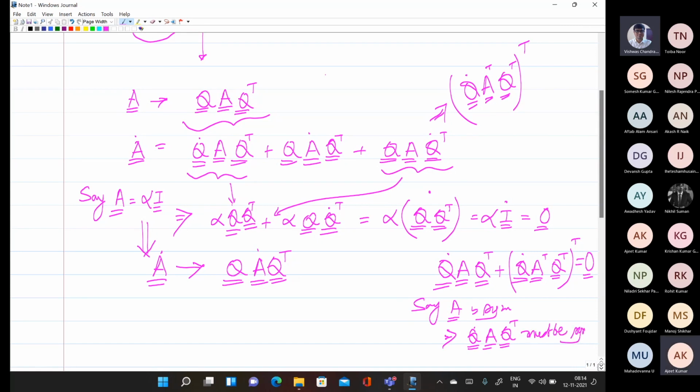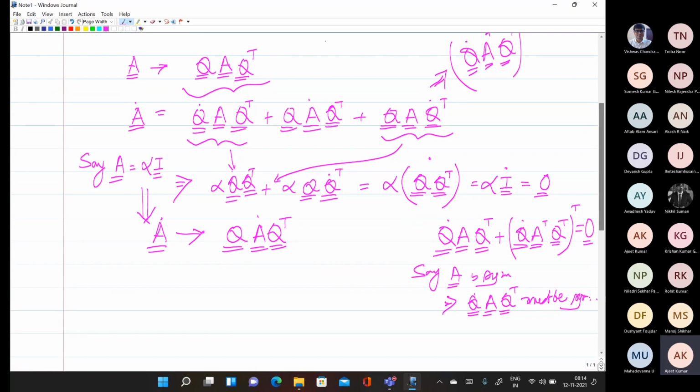Right, but I was just thinking, is there some more general A possible? So Q dot A Q transpose must be symmetric. What can we say then? And Q is a general Q. Yes, Q is general.